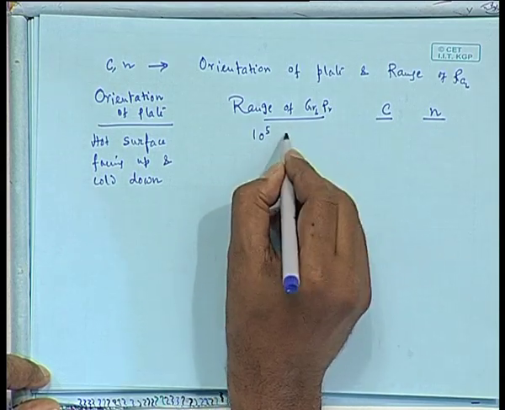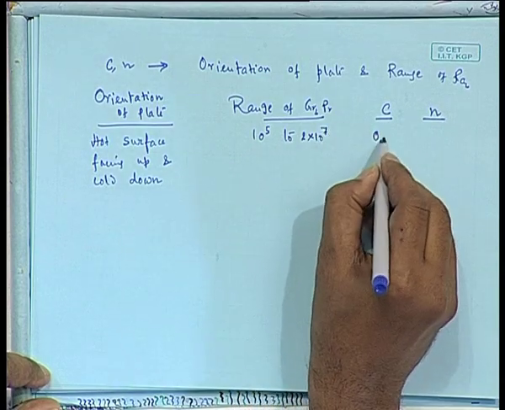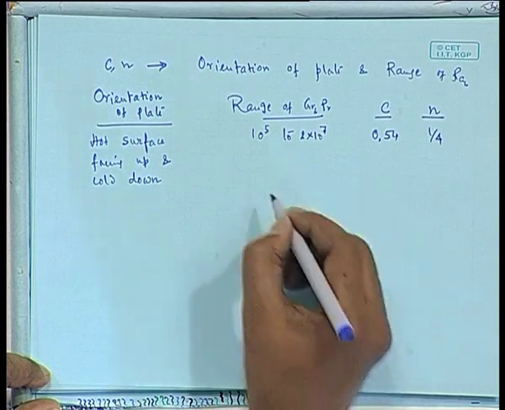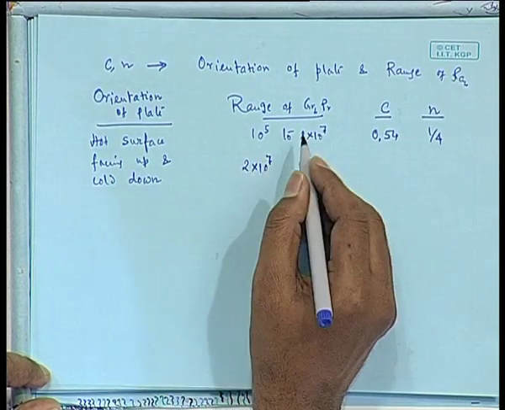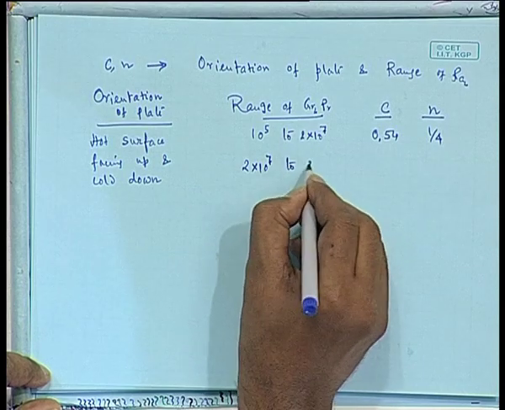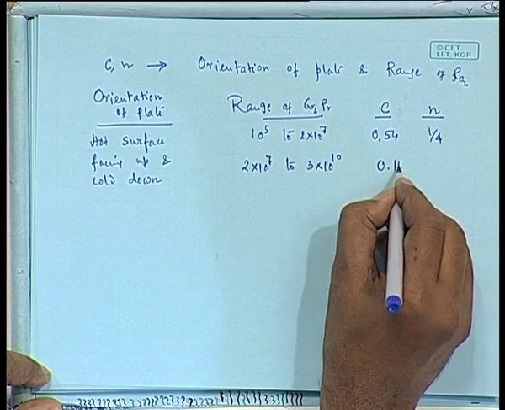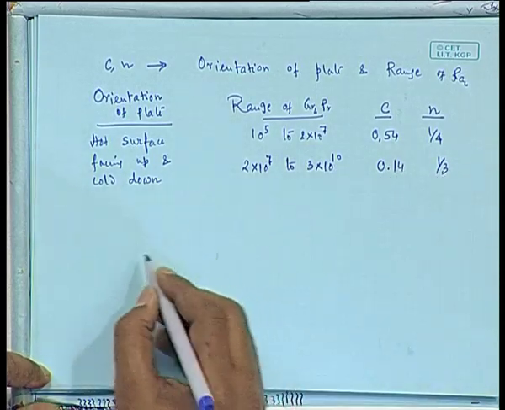For the range 10 to the power 5 to 10 to the power 7, these values are 0.54 and 1 by 4. For the higher range, 2 into 10 to the power 7 to 3 into 10 to the power 10, these values are 0.14 and 0.33. Okay.